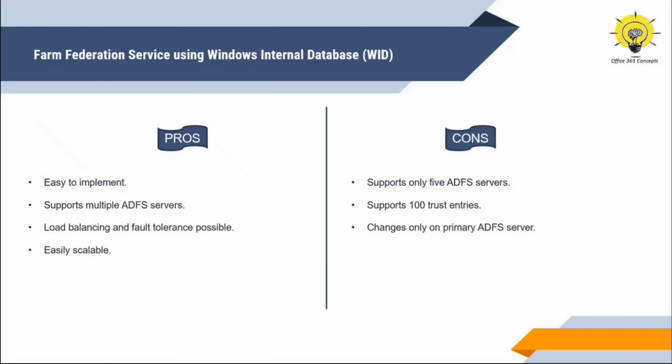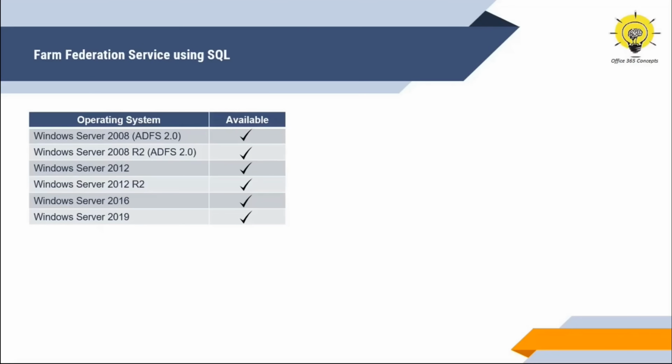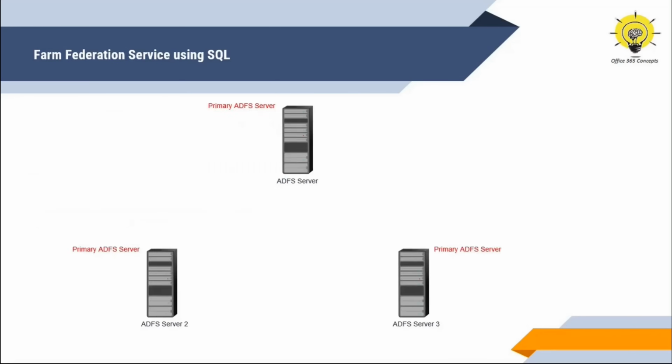The third type of deployment for ADFS is Farm Federation service using SQL. This type of deployment is also supported in all versions of Windows Server. In this type of deployment, every ADFS server within the farm is called a primary ADFS server.